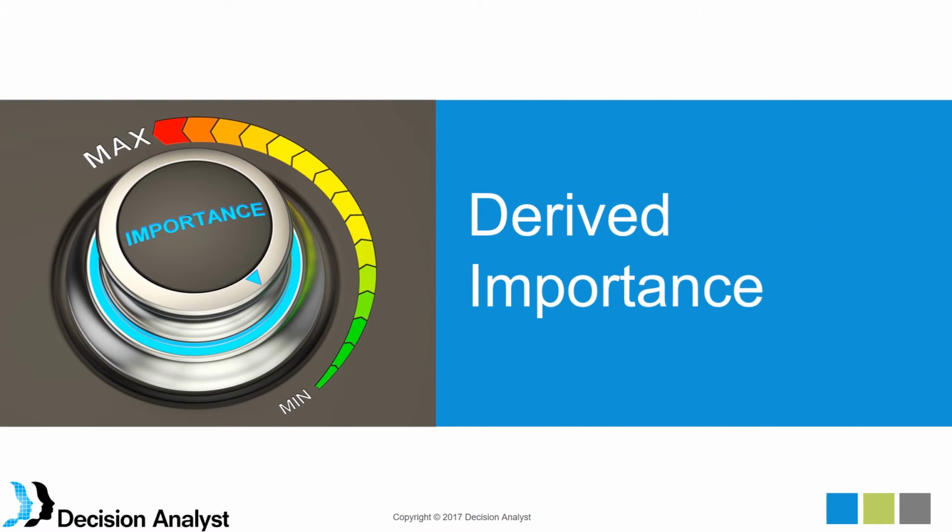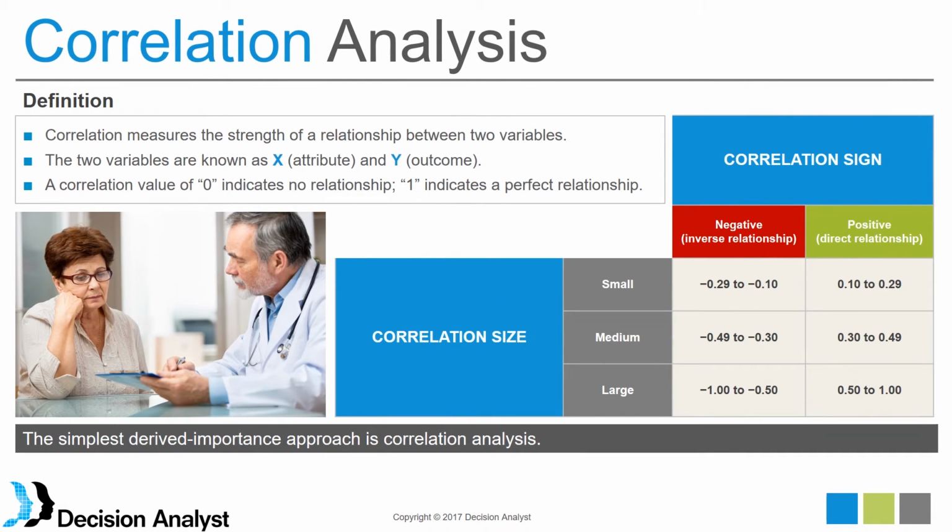So now let's switch gears and talk about derived importance. And recall, these are the hidden or the latent drivers. The first technique to talk about is correlation analysis, and for many researchers, this is really the workhorse of key driver analysis.